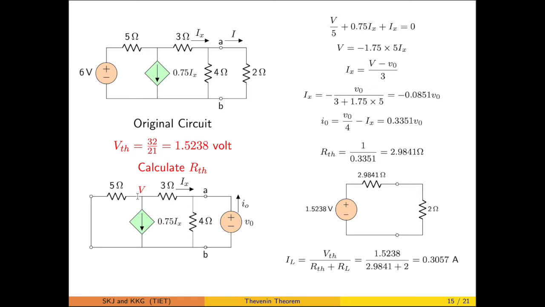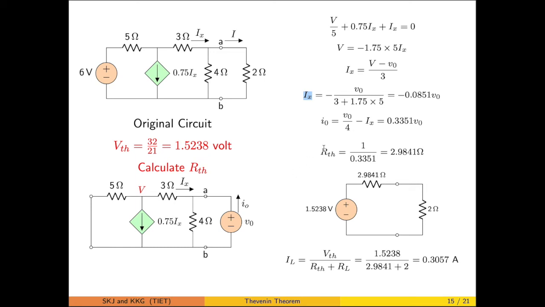We write only one nodal equation corresponding to this node: V by 5 plus 0.75 Ix, that is the outward current, plus (V minus V0) upon 3 is equal to 0. Because (V minus V0) upon 3 is equal to Ix, this is the Ix as well. Following this calculation systematically, we are able to calculate the Ix.